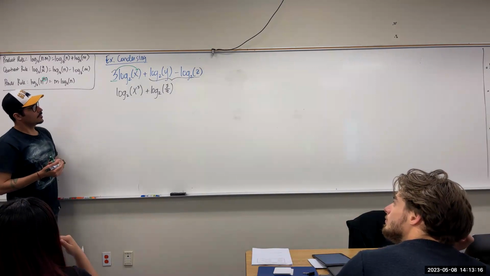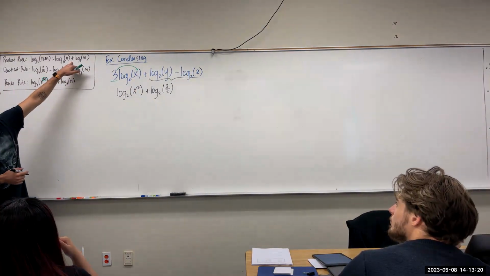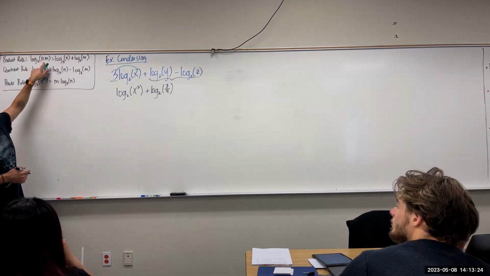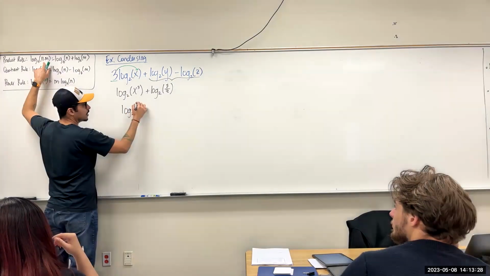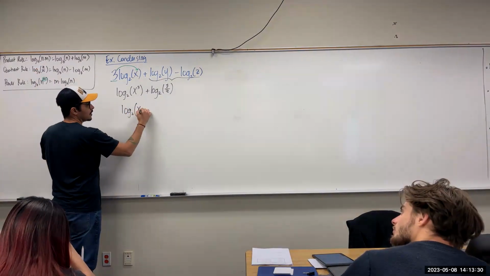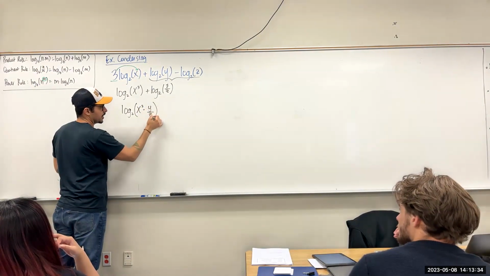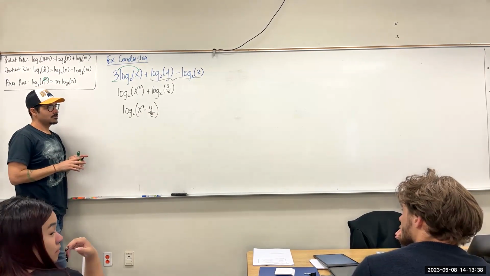And then now I have a plus of 2 logs. So if I add 2 logs, I multiply inside. Well, let's see what that looks like. Log base 2 of x cubed times y over z. Oh, dang, I got it wrong. I put all the way over z.